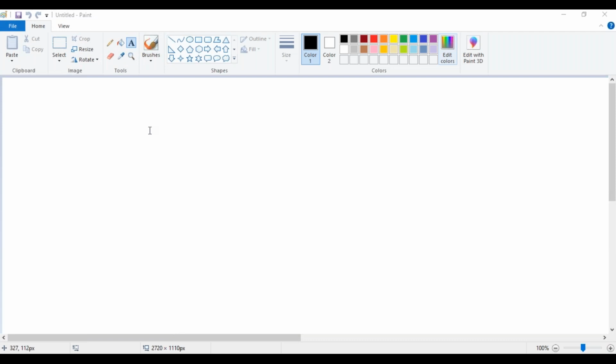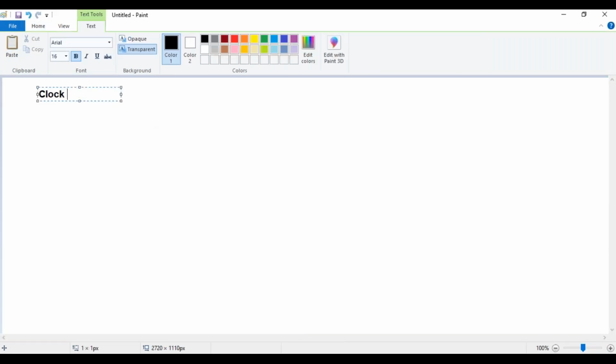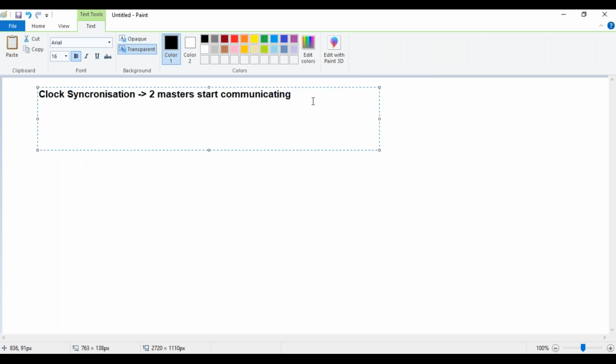Okay. Now the next one is clock synchronization. What is clock synchronization? This happens only when two masters start communicating at the same time. So I'm going to say that clock synchronization happens when two masters start communicating at the same time.